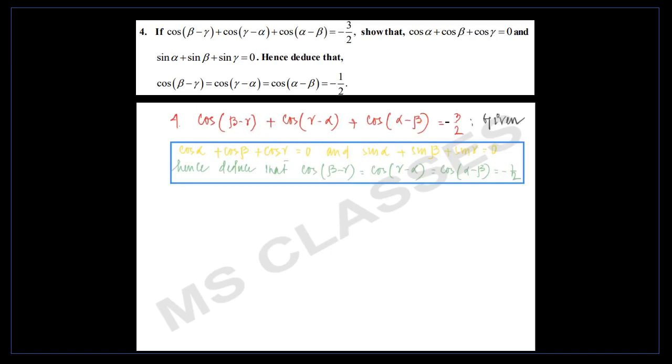Now from the given part, at first we should try to find out this relation. How? See, let us start.